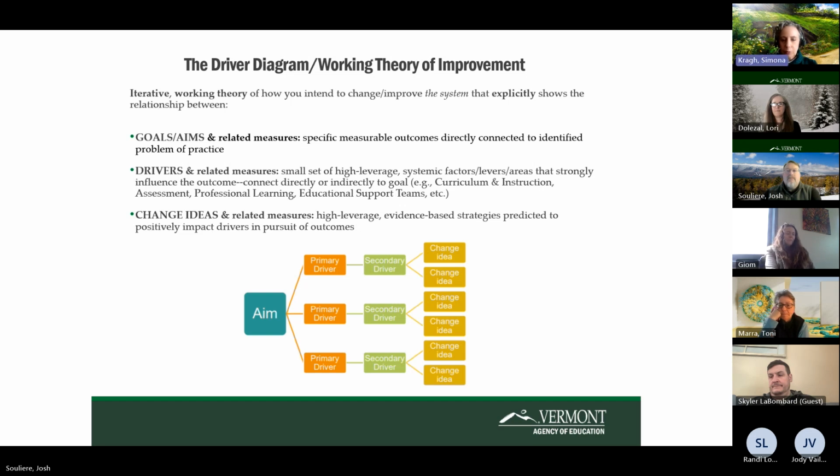The working theory of improvement is also called the driver diagram, or is written in the form of a driver diagram. It will be done repeatedly, so it's very iterative, and it shows the relationship between your goals and the proposed changes. The theory of improvement consists of goals or aims. You see those in the green box all the way to the left.